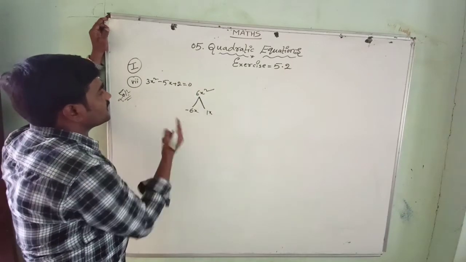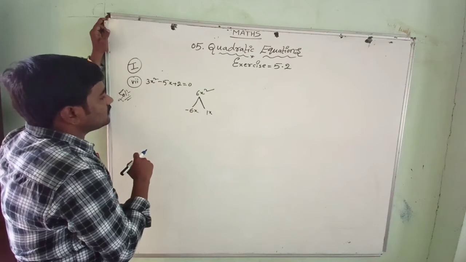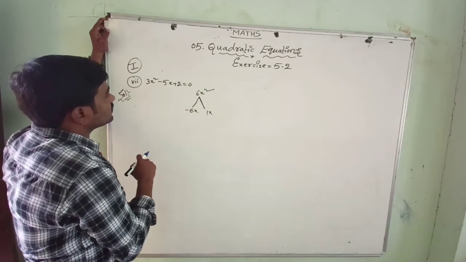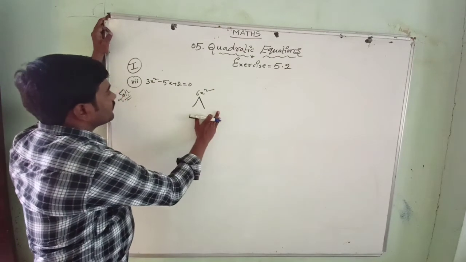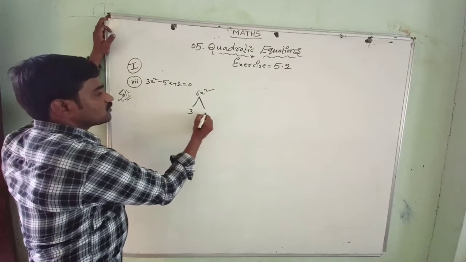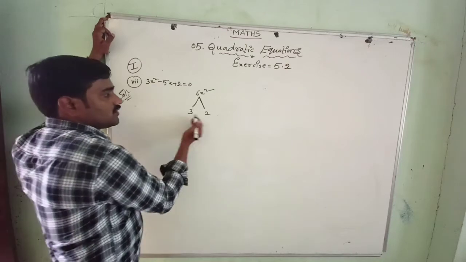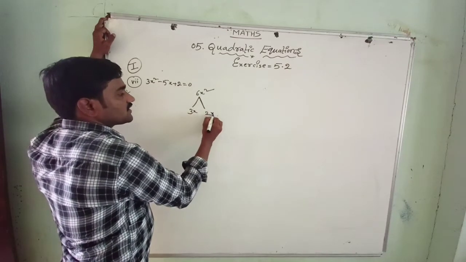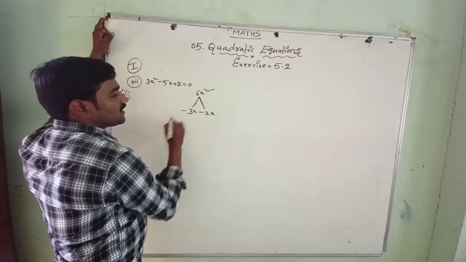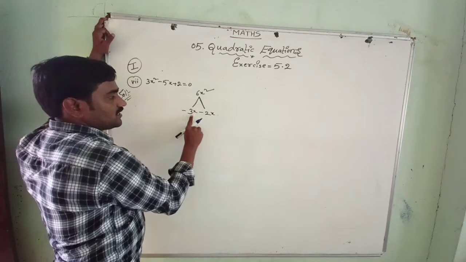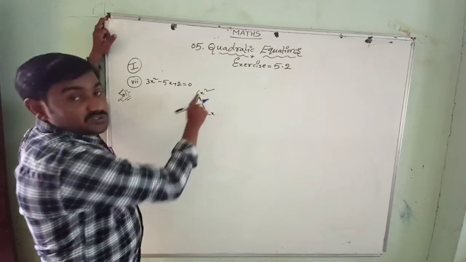Minus into plus will be minus. It's not possible like that. So we take 3 2s are 6. [Telugu: Taking those it is not working, so let us take something else now.] 3 2s are 6, x into x, x square. Now minus and minus, you keep both here, minus into minus plus, 3 2s are 6, x into x, x square. [Telugu: This has come.]